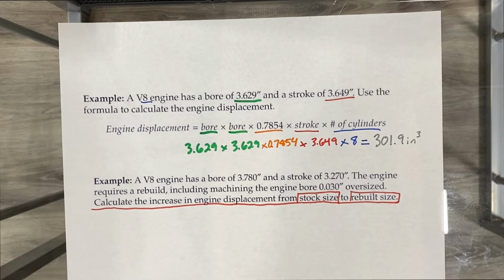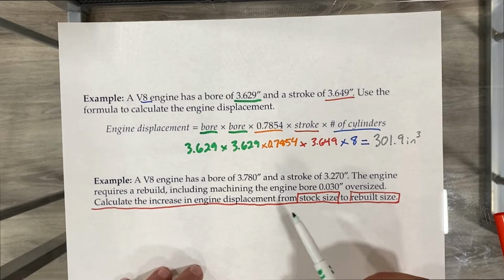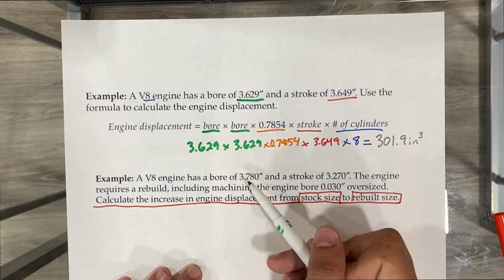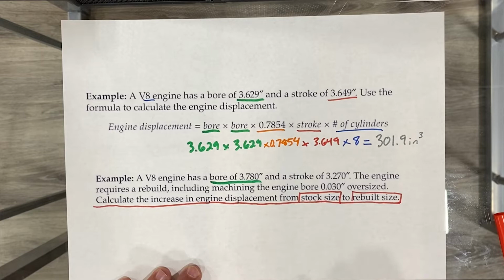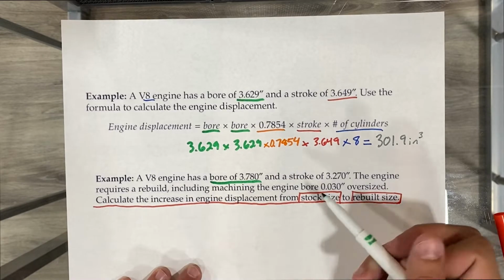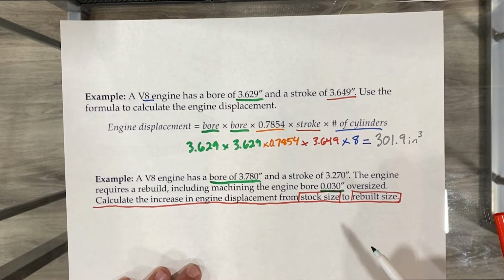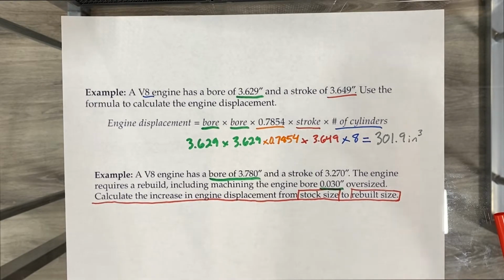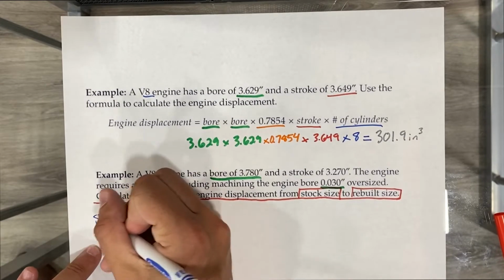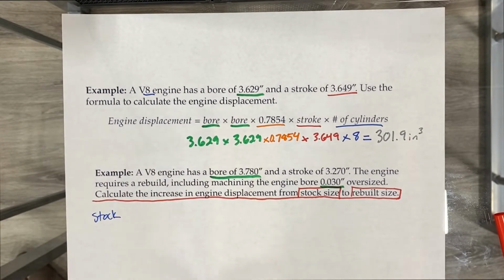And what they're telling us in the problem is that the difference is going to be in our bore values. So with our stock engine, the bore is going to be 3.78. But with the rebuild, the bore is going to be 0.030 inches greater. So here's what we're going to do. We're going to set up the same problem two times. We're going to set up the stock calculation, and then a separate calculation for the rebuild.